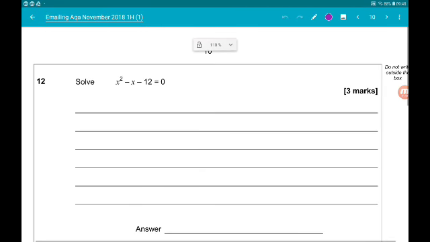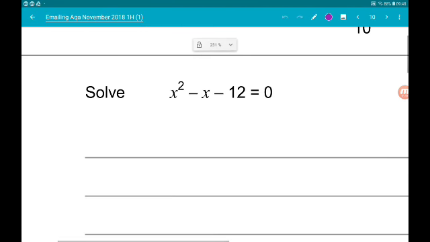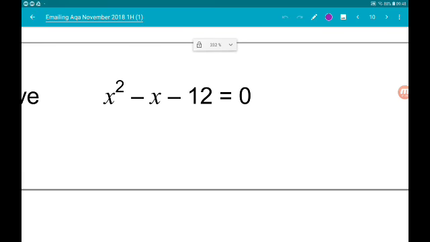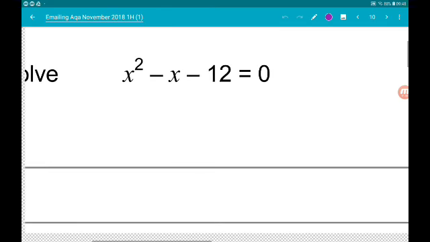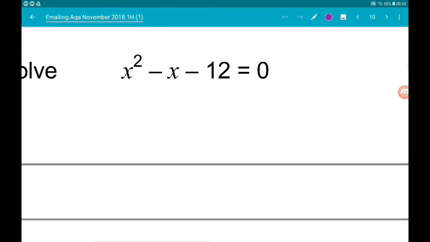Okay, number 12. Solve x squared minus x minus 12 is equal to 0. So it's quadratic. I'll put my quadratic stuff down below. So to solve quadratics, we factorize them. So that means put into brackets. So each bracket is going to have 1x.